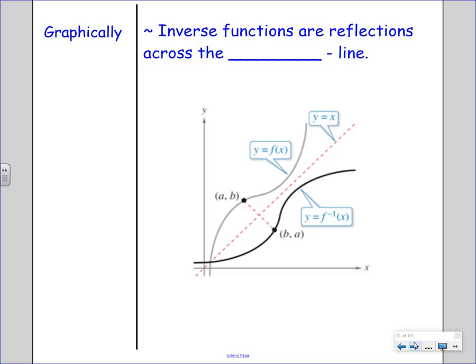Okay, graphically. Inverse functions are reflections across. Look at the graph. I've given you an example of an f of x over here on the left and its corresponding inverse over here on the right. F is gray, f inverse is black. If we just switch the x's and y's, I need you guys to see a couple of things.